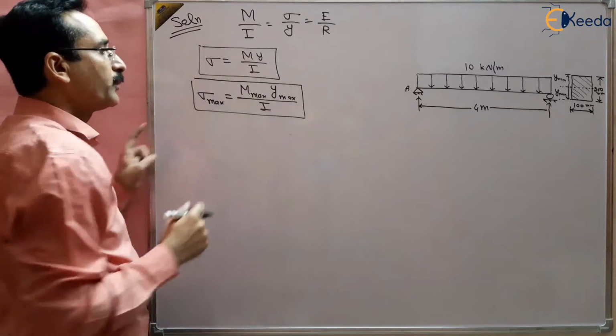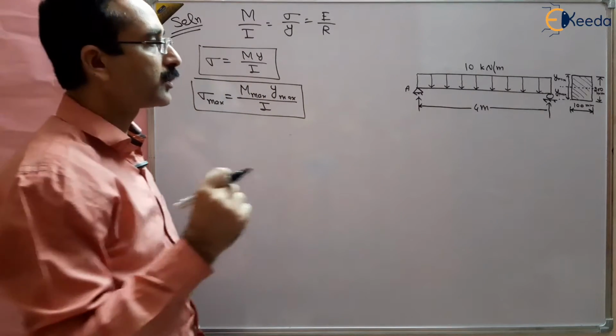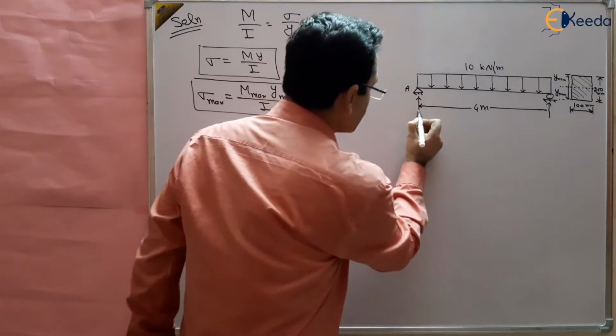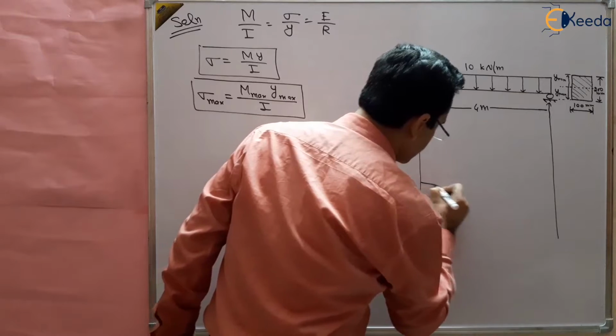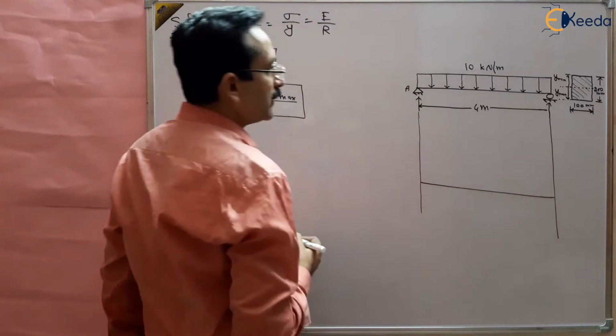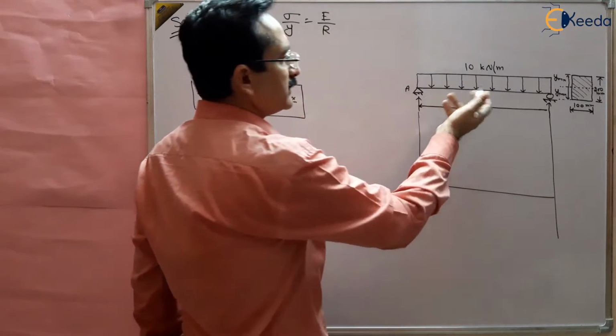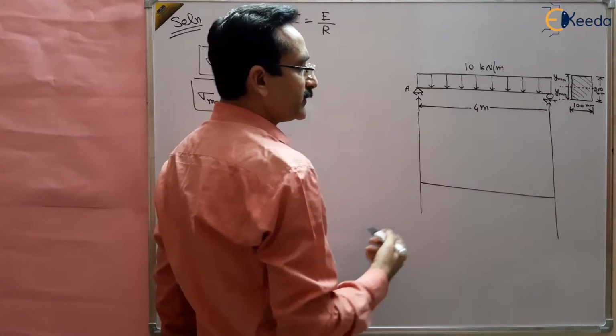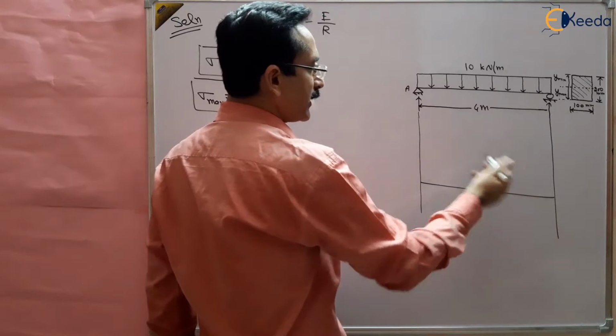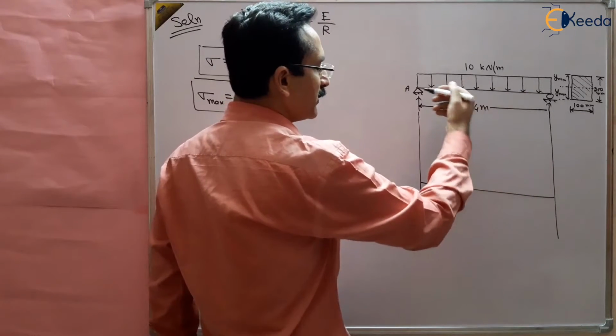But how to find out the maximum bending moment? For that we have to draw the bending moment diagram. So let us draw the bending moment diagram. We have already done this in our shear force and bending moment lecture, what the bending moment diagram is for a simply supported beam with UDL.